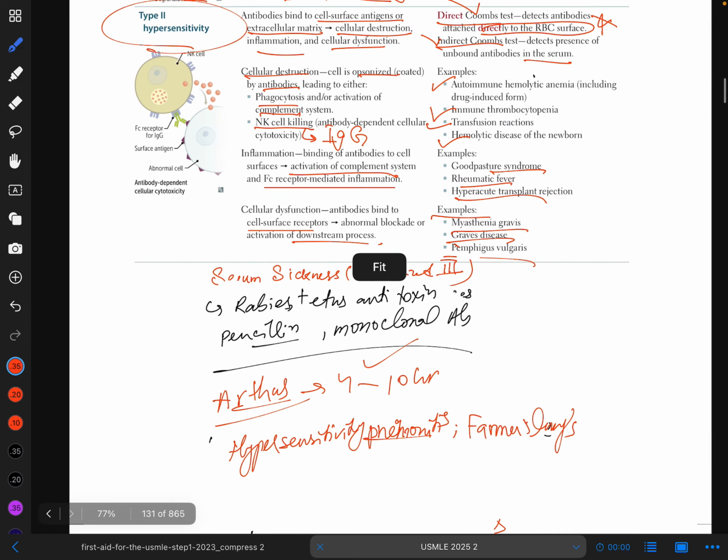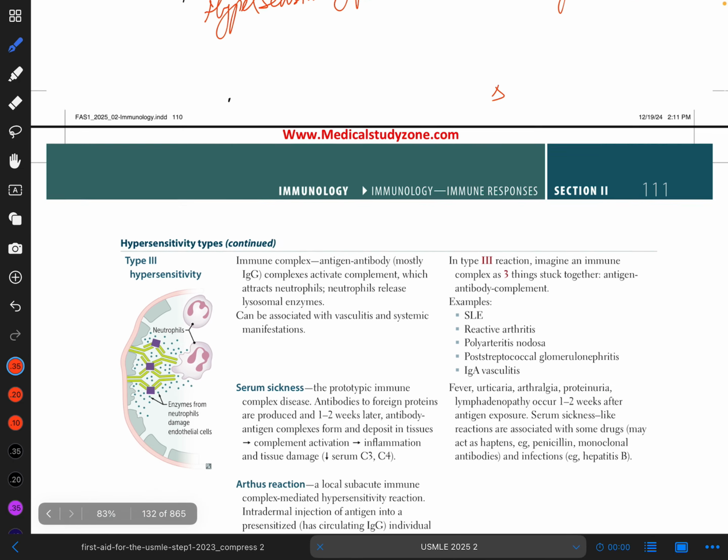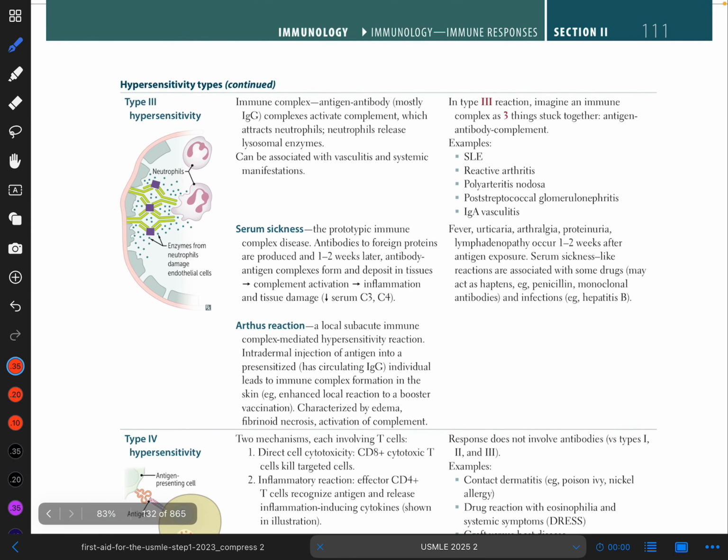Now we are going to study from the book the part on type 3 hypersensitivity. The immune complex, antigen-antibody, mostly IgG, and complexes activate complement, which attracts neutrophils. Neutrophils release lysosomal enzymes and can be associated with vasculitis and systemic manifestations. Already they have given serum sickness and the Arthus reaction. Serum sickness is systemic; this is localized.